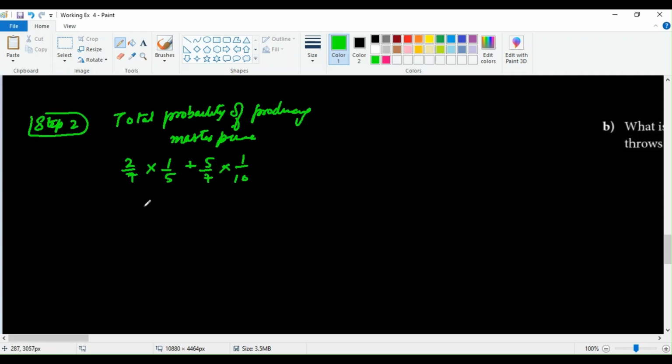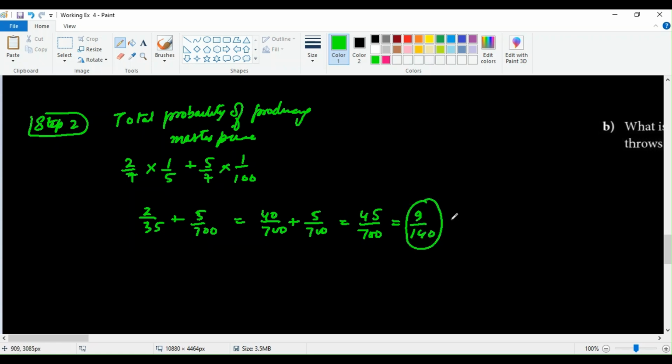So this gives us 2 over 35 and this gives us 5 over 700. So finally once we simplify, this gives us 40 over 700 plus 5 over 700. So finally we are going to get 45 over 700. Once we simplify using 5, we get 9 over 140 as an answer for this question.